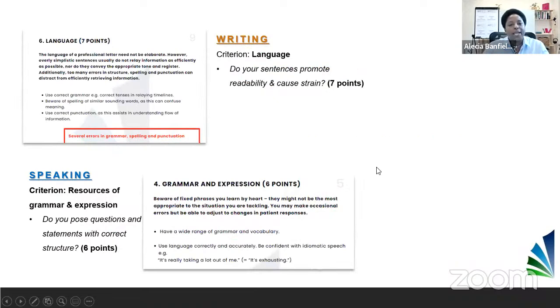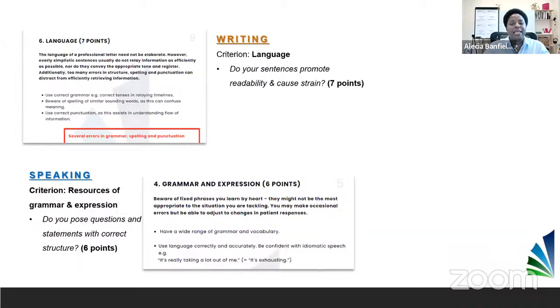But first of all, why is grammar so important? Now, I have had students say to me, oh, I was told that you don't need grammar to do well in OET writing, or you don't need any grammar to do well in OET speaking. Anyone who tells you that, run really quickly, because vocabulary and grammar are the basic structures of the English language.